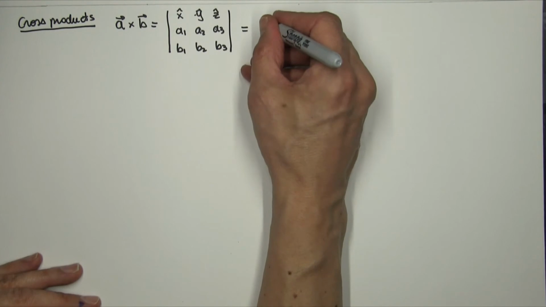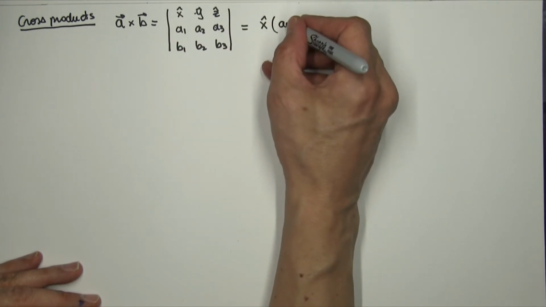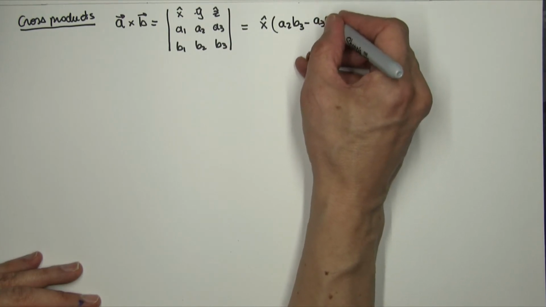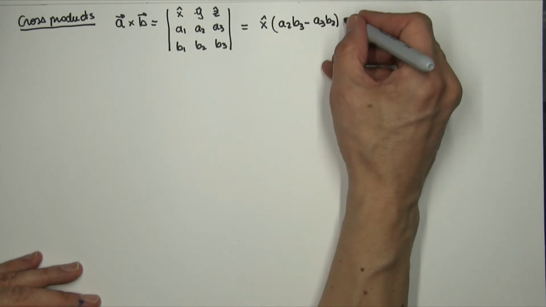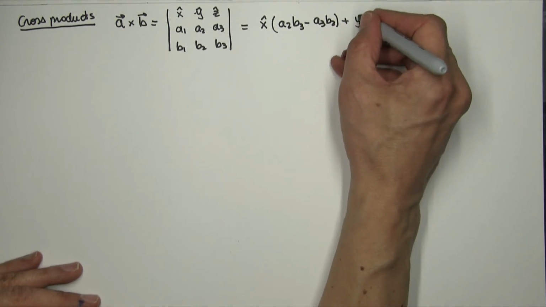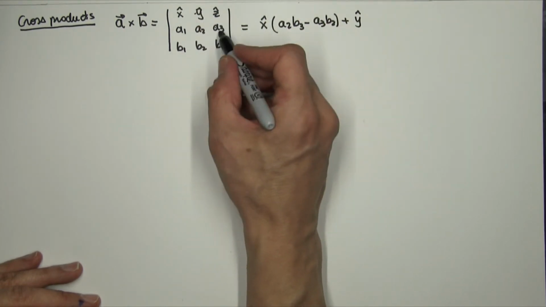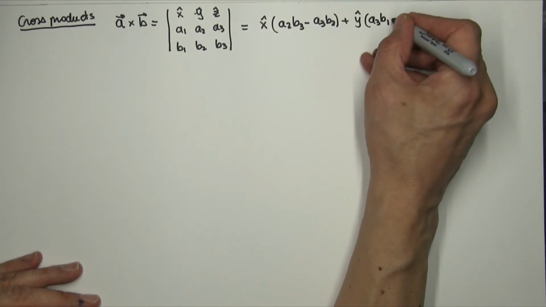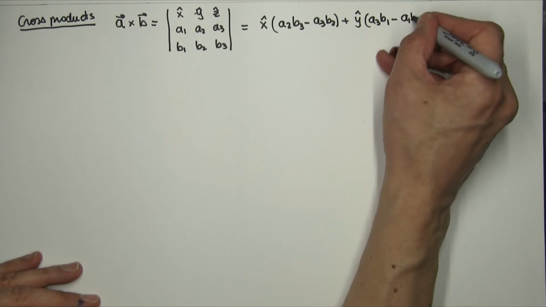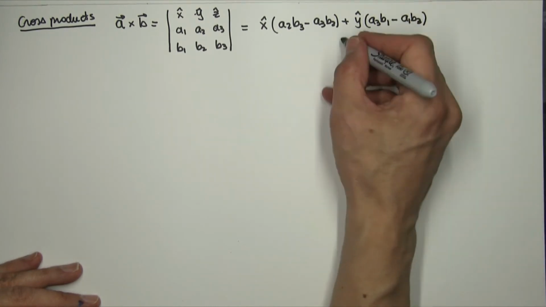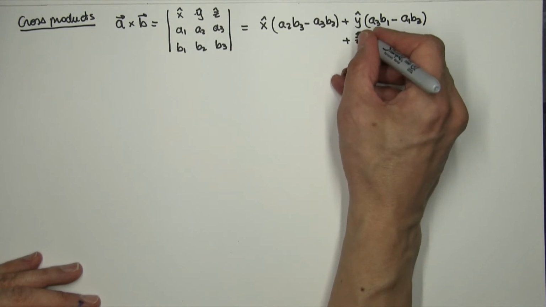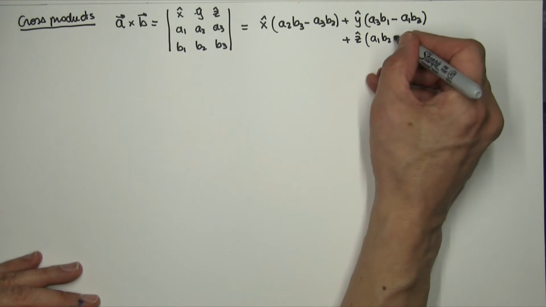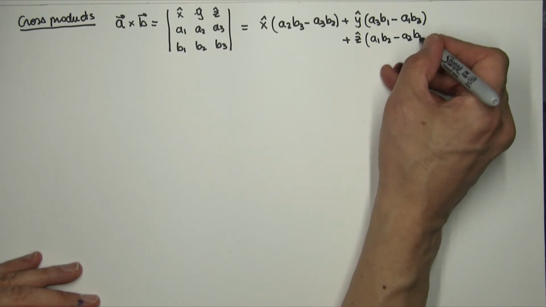So you get x hat times a2b3 minus a3b2, plus y hat, well, it should be with a minus, but I will take care of it by multiplying with the other order, a3b1 minus a1b3. And the third one, z hat, comes with a plus a1b2 minus a2b1.